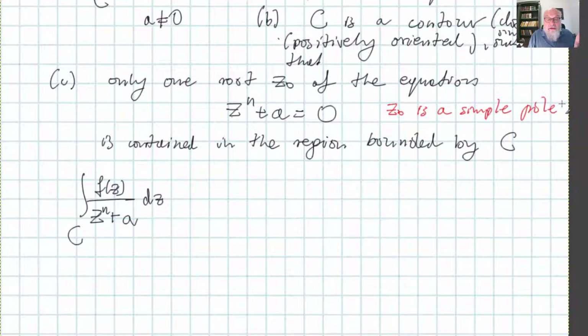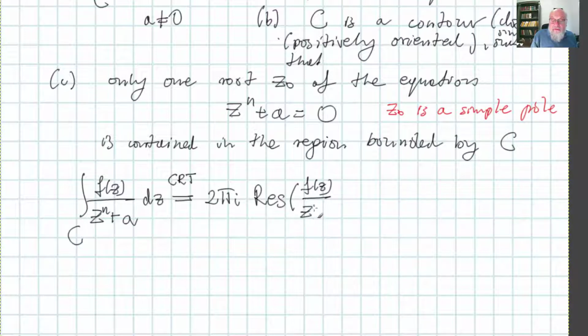Remember, there are exactly n roots, and these roots are all different, so each appears only once. By the Cauchy residue theorem, this is equal to 2 pi i times the residue of f of z over z^n plus a at the point z0.